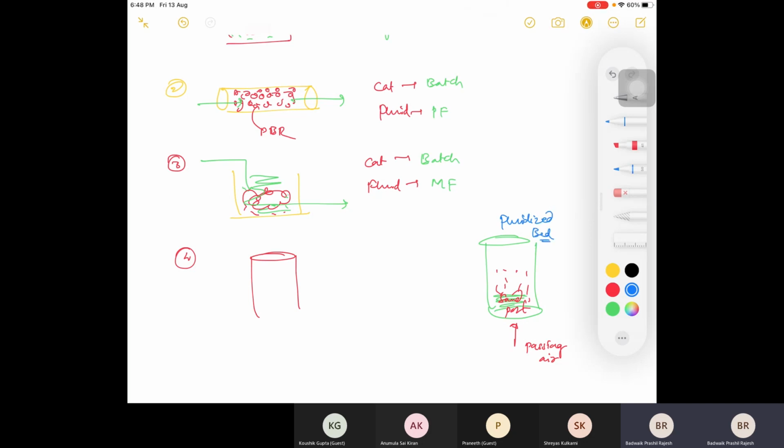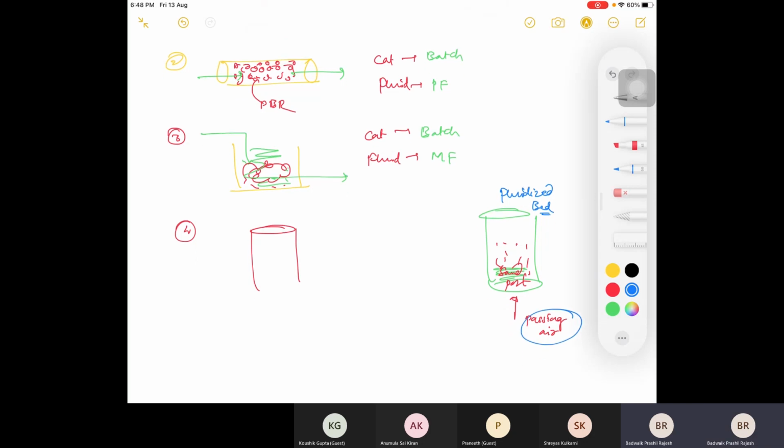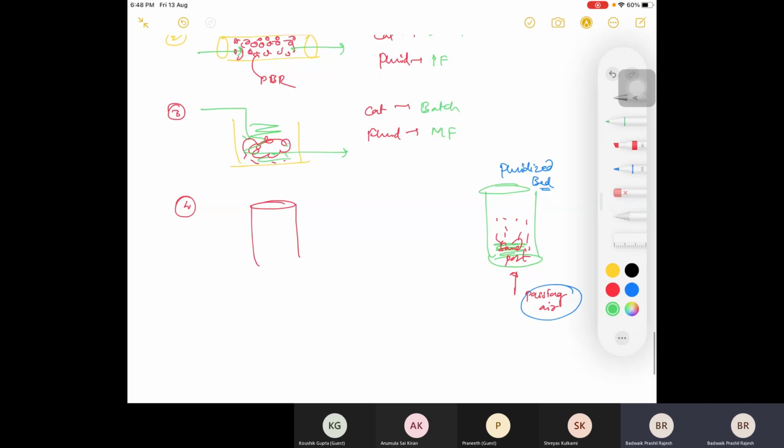Suppose I'm supplying a very high flow rate of air, and I'm doing an arrangement like this. I am passing air from the bottom. Here it is sand. I have used red color for catalyst. This catalyst is sand, you can say. I am passing air as a reactant stream, and there is an arrangement for recycling of catalyst. I should draw this red so you may understand.